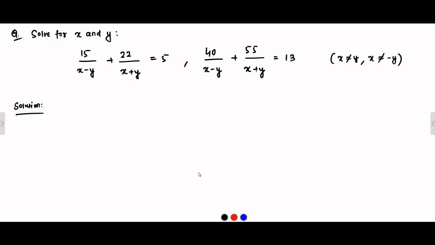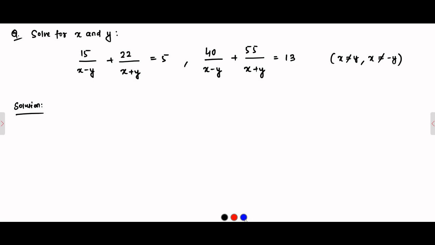So here is another question on solving linear equations in two variables using substitution method. The two equations are 15 by x minus y plus 22 by x plus y is equal to 5, and 40 by x minus y plus 55 by x plus y is equal to 13.